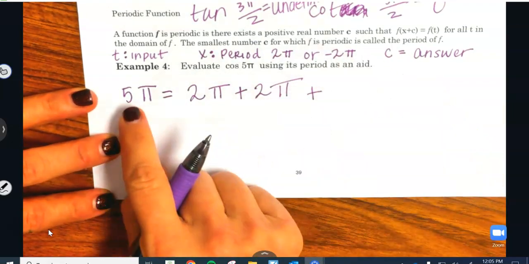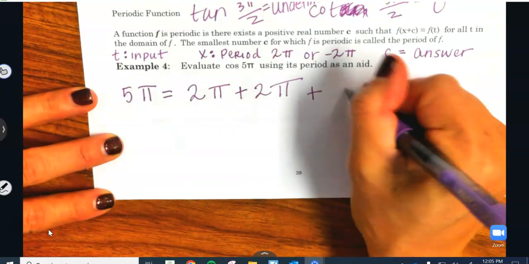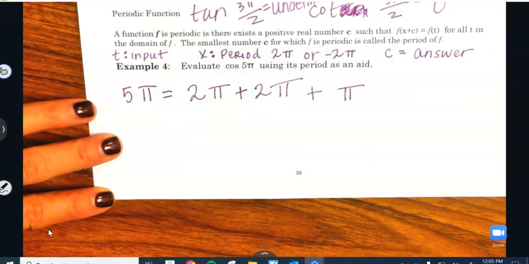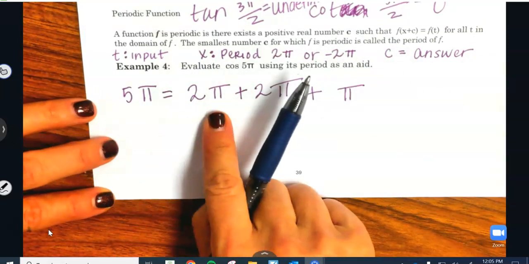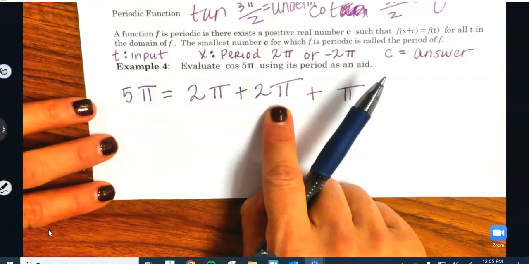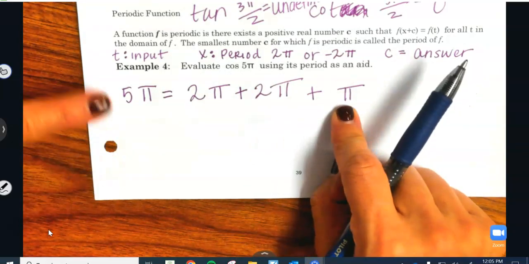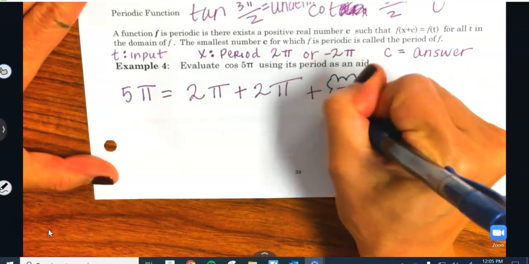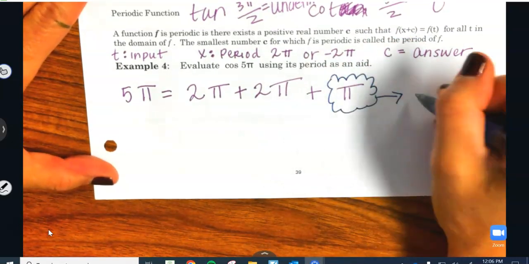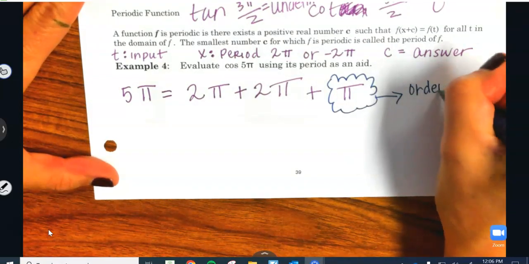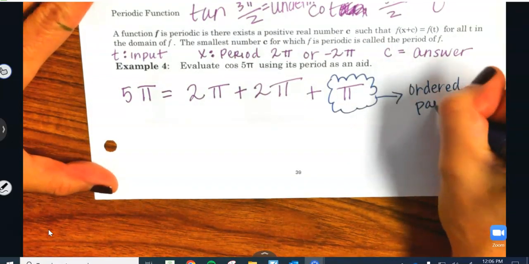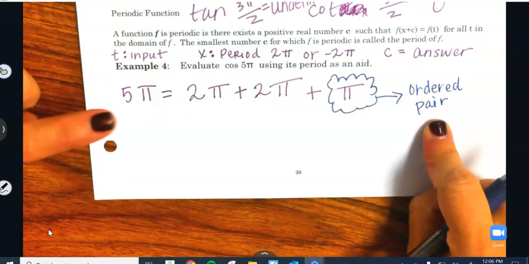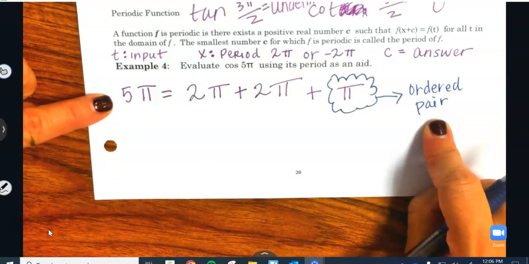How much more would I add to get that? Pi. 2 pi, a complete circle, plus 2 pi, another complete circle, plus regular pi equals 5 pi. Just like combining like terms. This is where I'm going to grab the ordered pair, because the ordered pair for this matches this exactly.